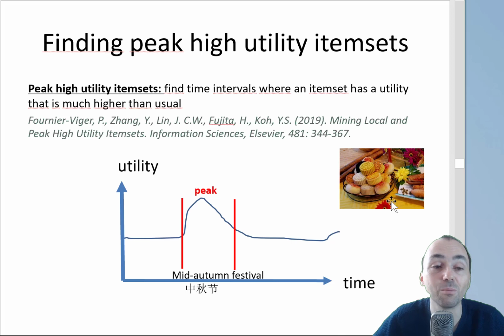These are some cakes that people like to eat. So if you look at the utility of this product over time, there will be a big peak around the time of the Mid-Autumn Festival. A lot of people will buy this. So we designed an algorithm based on the moving average crossover to detect the peaks that appear in the data, to find this kind of thing.